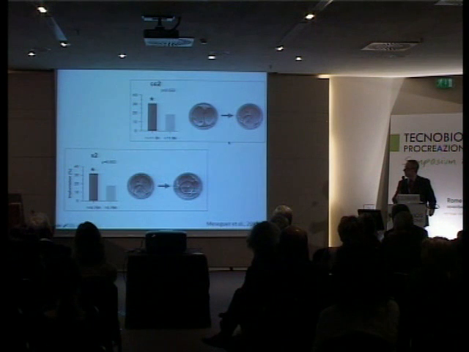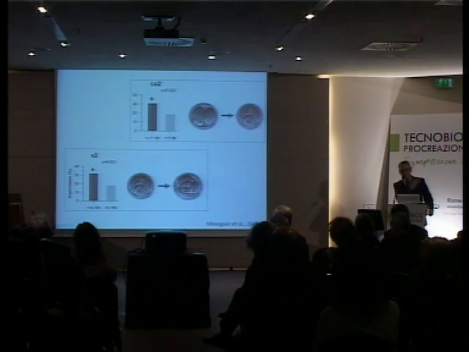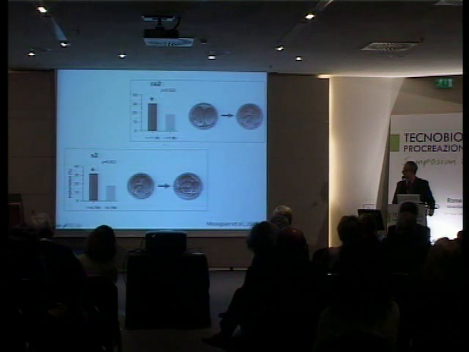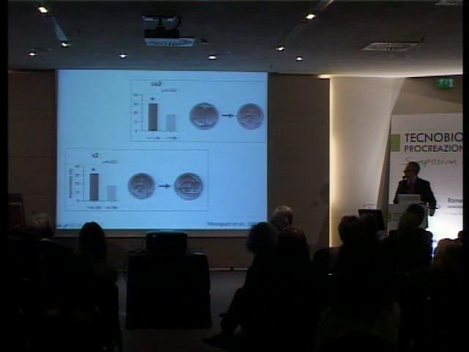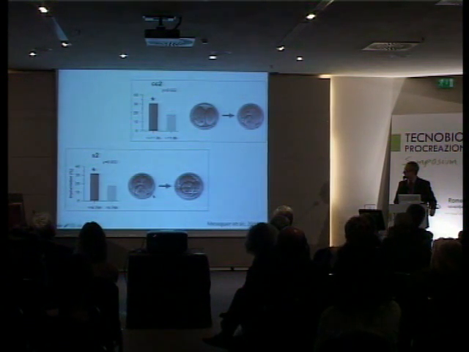And of course, they extended the analysis to other kind of parameters, not only the time of a specific stage, but also the time occurring between different stages. In this case, between the 2-cell stage and the 3-cell stage, and below between the 3 and the 4-cell stage.